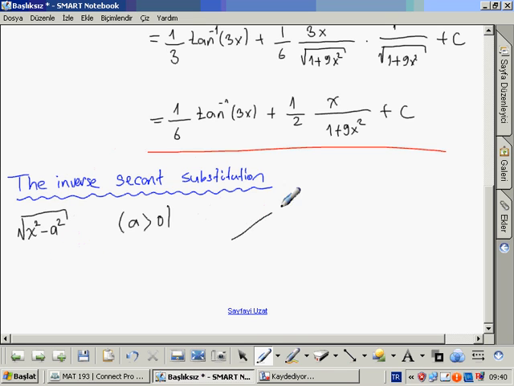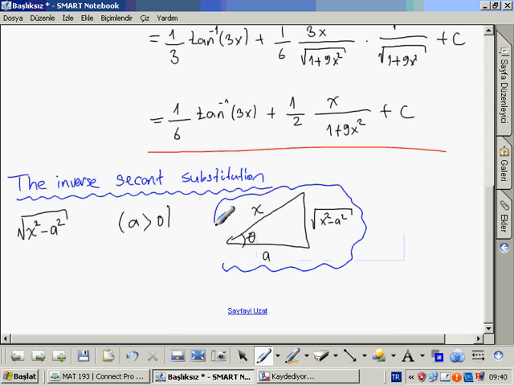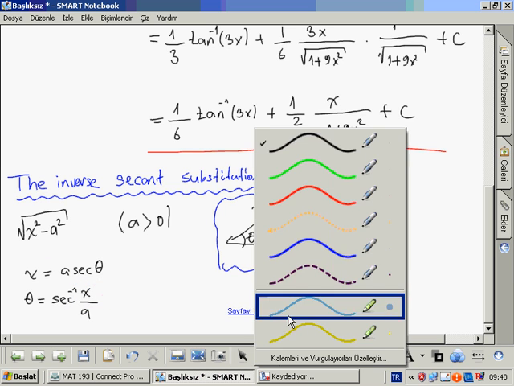The right triangle has angle theta, the side square root of x square minus a square, this part is x and this part is a, and x equals a secant theta, and theta equals inverse secant x over a.